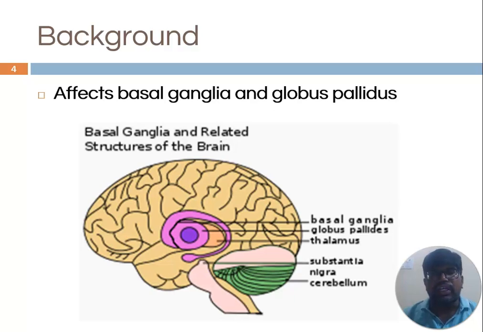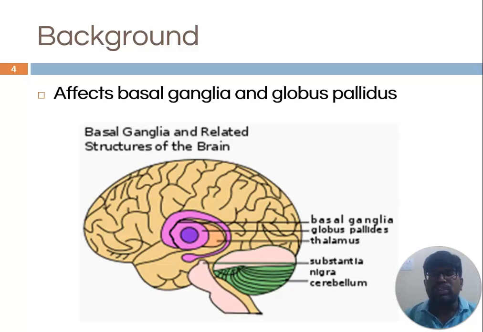So what is happening is that the basal ganglia needs a good amount of dopamine for neurotransmission, but low production of dopamine or damage to the synaptic vesicle may lead to decreased availability of dopamine in these areas. That may lead to decreased neurotransmission. This decreased neurotransmission later progresses into neurodegeneration. That is how the problem extends.